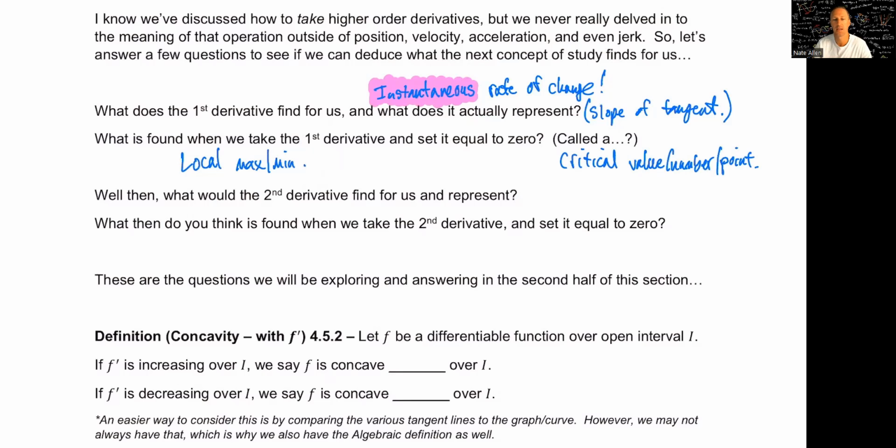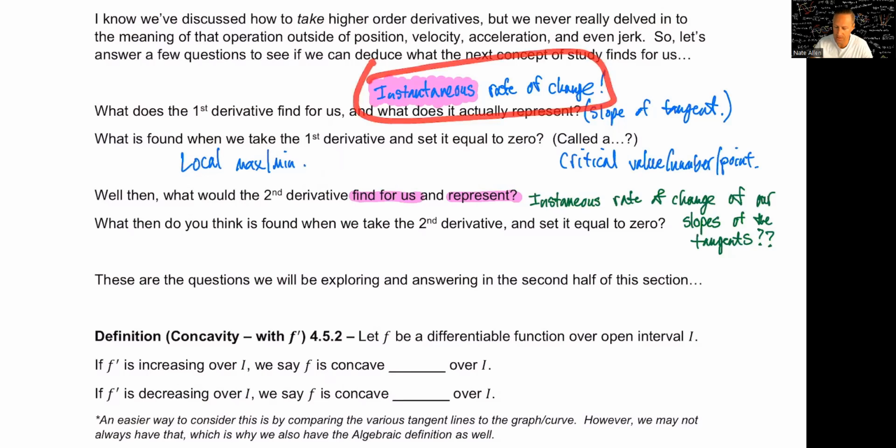Think about what that second derivative would both find for us and represent. Were you able to come up with anything? If you think about if this is the instantaneous rate of change or the slopes of our tangents, then if we found the derivative of that, our second derivative, then would it be the instantaneous rate of change of those?